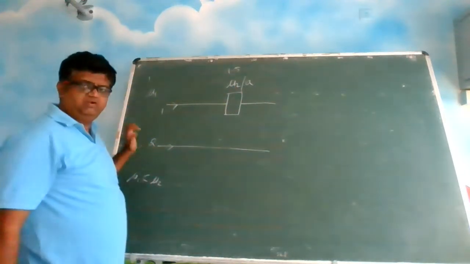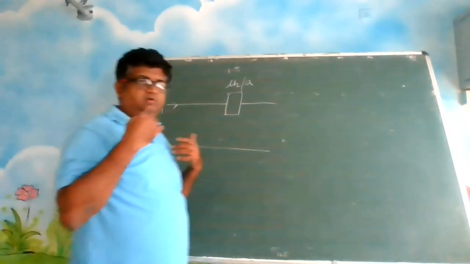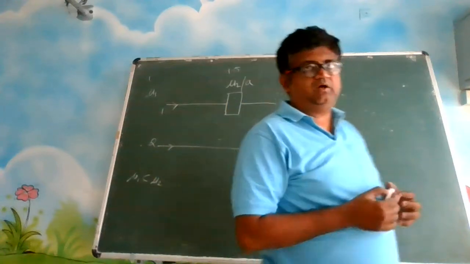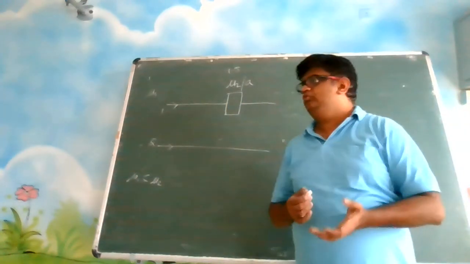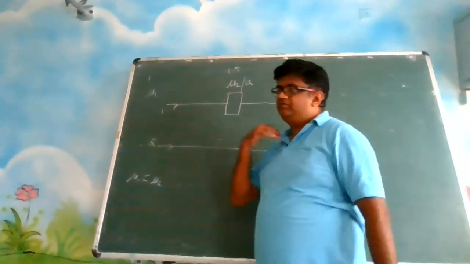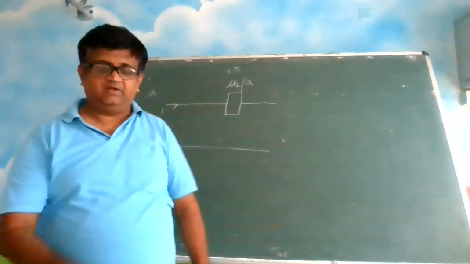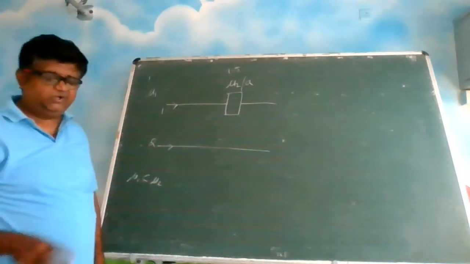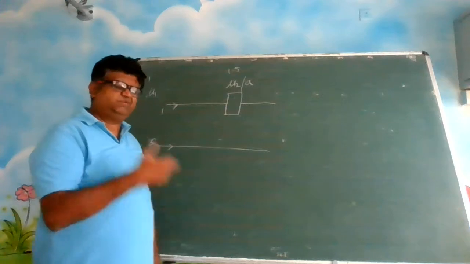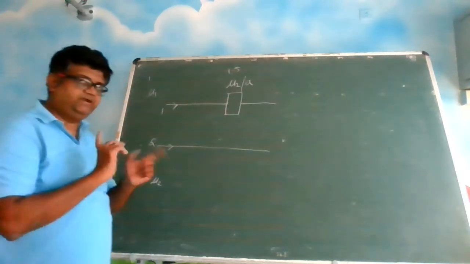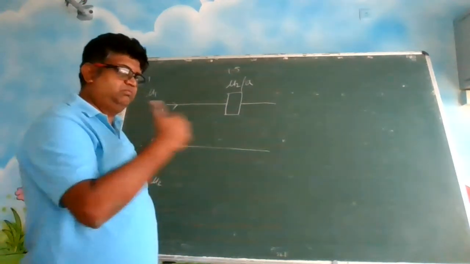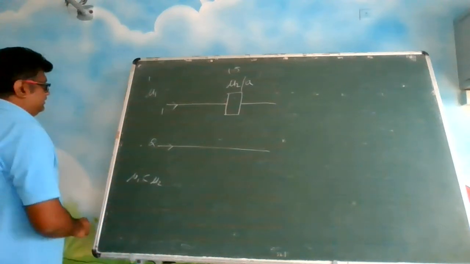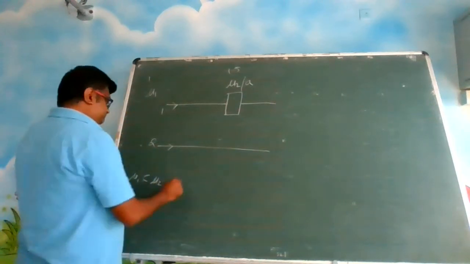Even then ray 2 will travel faster, the medium whose refractive index is less, because it is c divided by mu. Less value in the denominator, speed will be more. You have two media, less denominator, more speed. So in this situation, what happens?